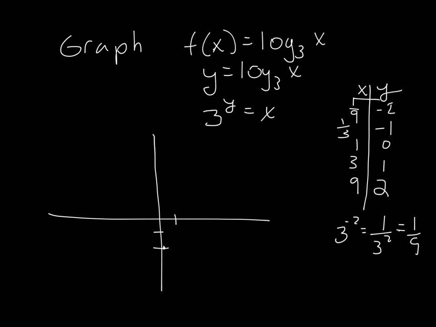Kind of tricky for me to graph, but there it is. 1/3, negative 1, is going to be right about here. And 1, 0, that's a little easier to graph. And then 3, 1. And then 9, 2.